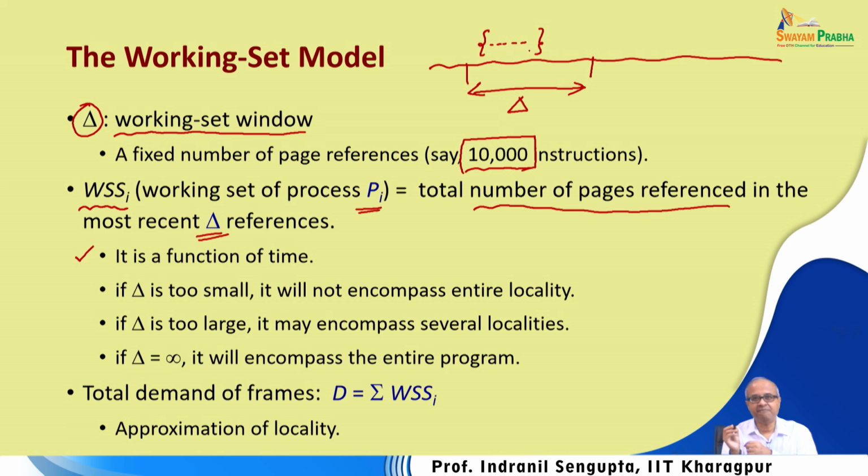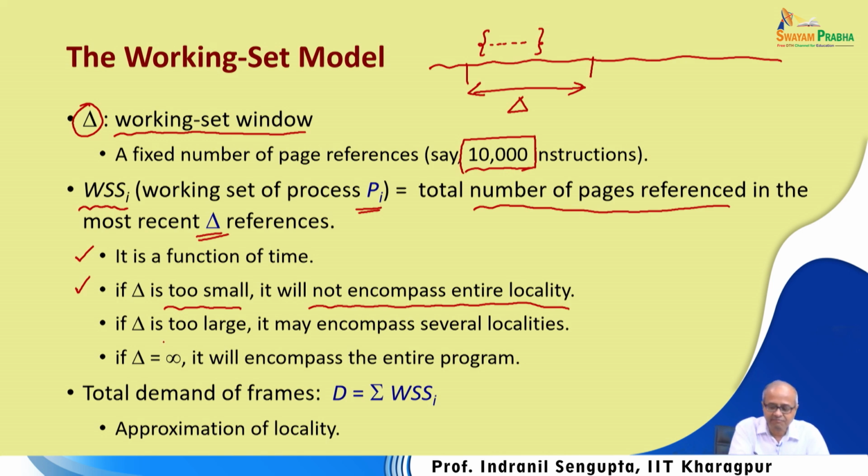Now, if the choice we have made for delta is too small, let us say delta equal to 1000 or 2000, which is not enough, it cannot capture the whole locality. The set of pages you are loading may not be enough, and there can be page faults very soon. It may not encompass the entire locality.